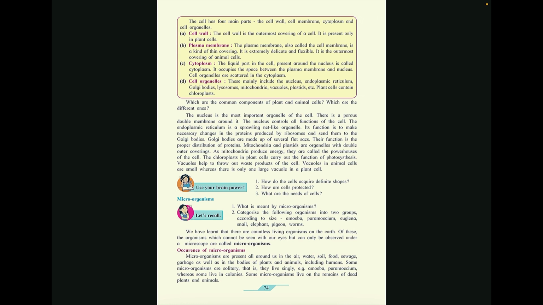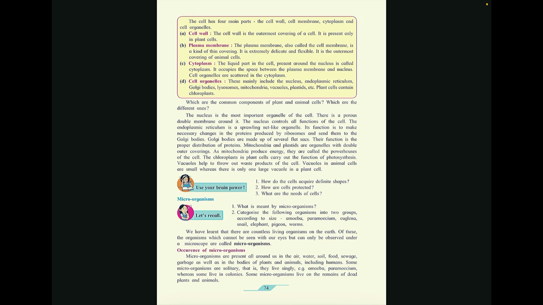Okay, then after that, plasma membrane. Plasma membrane is a synonym for cell membrane. Okay, then after that, there is cytoplasm.